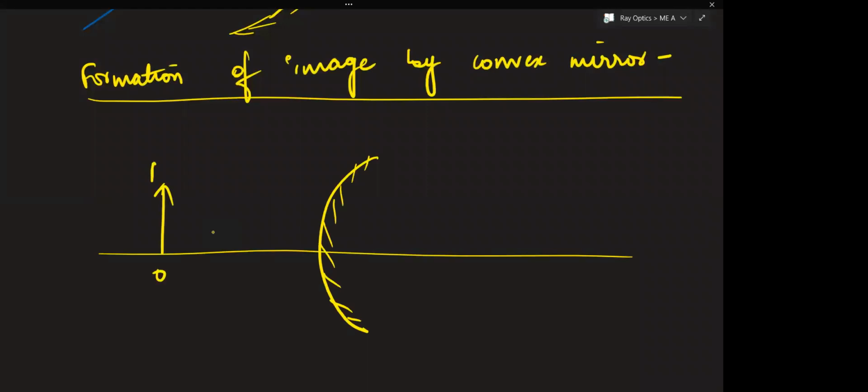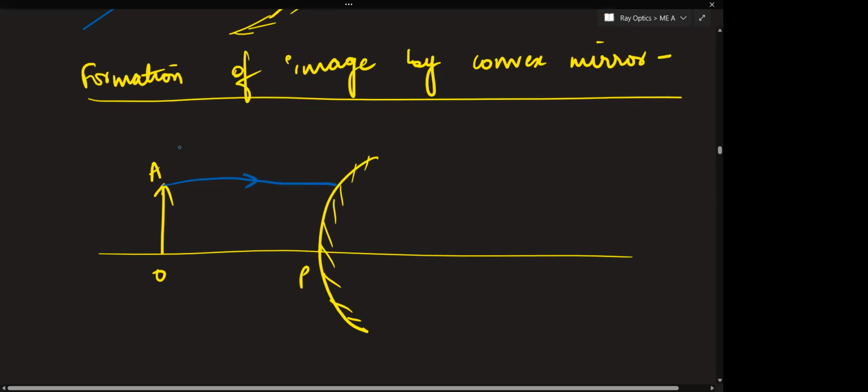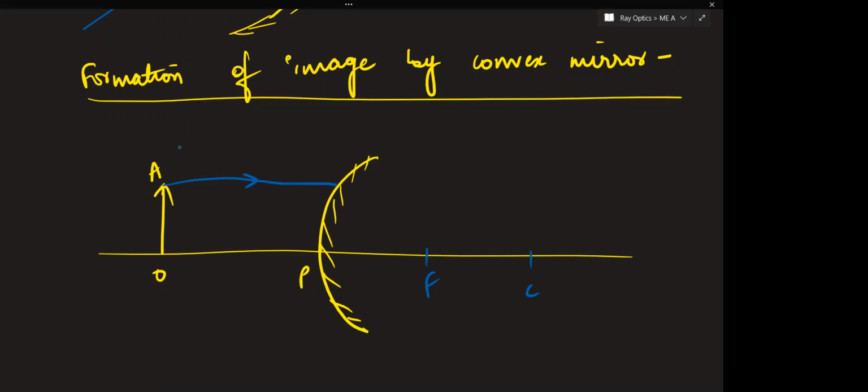Object OA is kept at any position between infinity and the pole, any position in front of the mirror. What will happen? Parallel rays will come. This is the focus, this is the center of curvature. They'll appear to pass through the focus. Fine. And the second ray will come through the center of curvature.